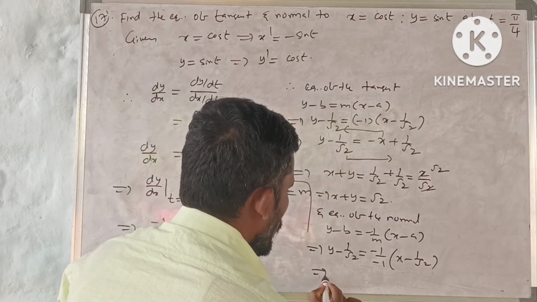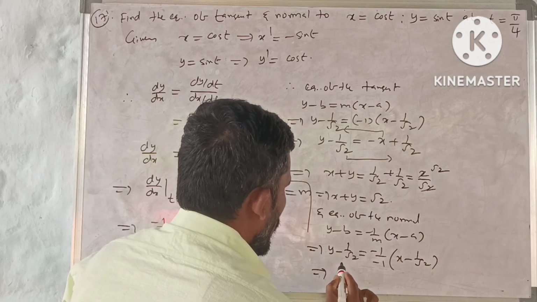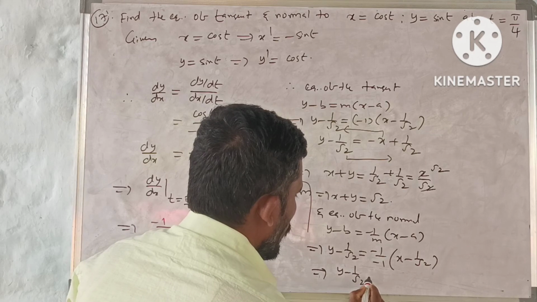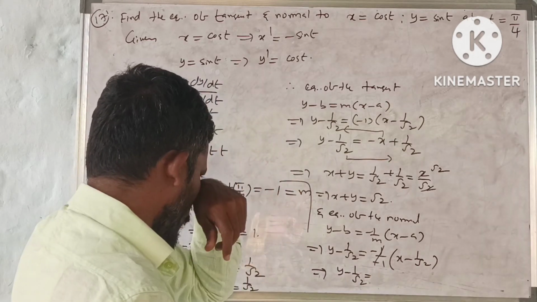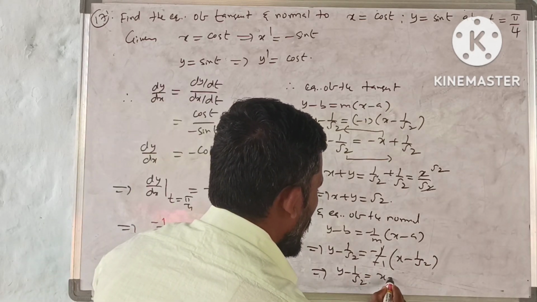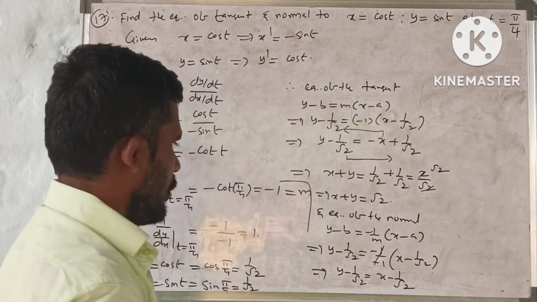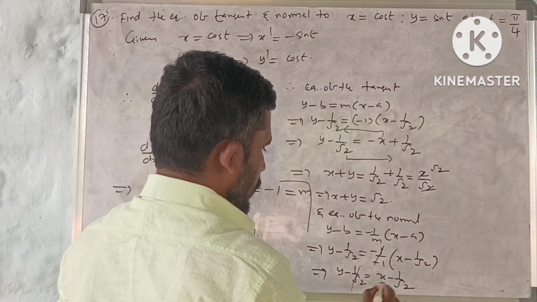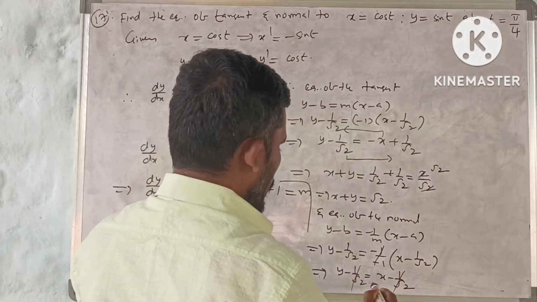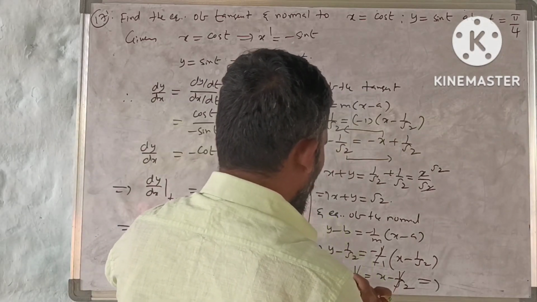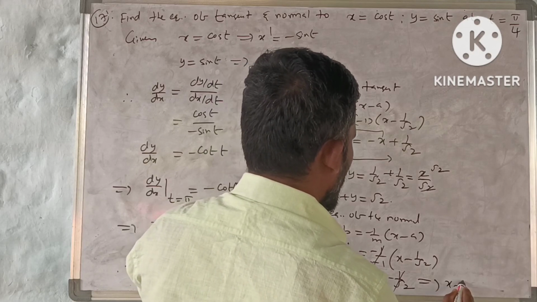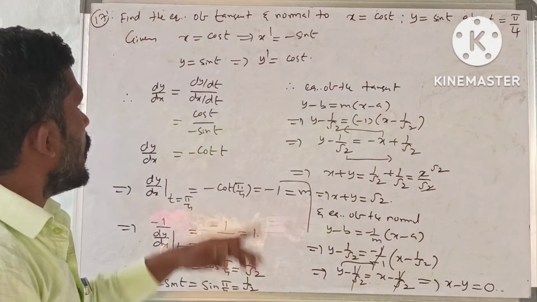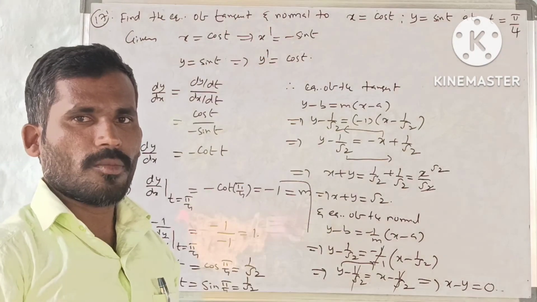So this implies y minus 1 by root 2 equal to minus minus cancel, 1 1 cancel. The remaining is x minus 1 by root 2. So the root 2 terms cancel, and when I take y to the right side, we get x minus y equal to 0, which is the equation of the normal.